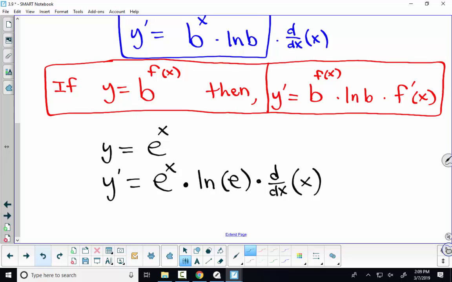So is that the derivative of e to the x? Yes, because ln of e is 1, derivative of x is 1. So b to the x, or b to the f, times ln b times f prime.